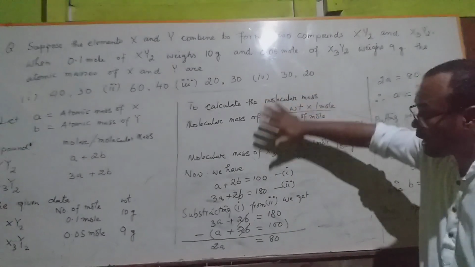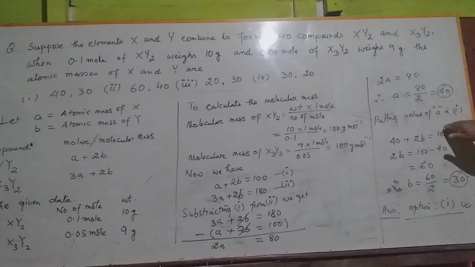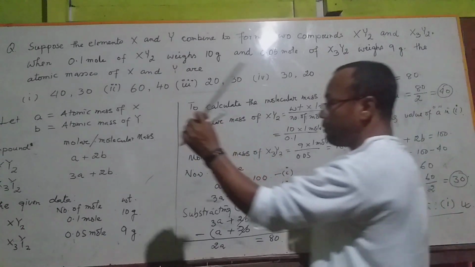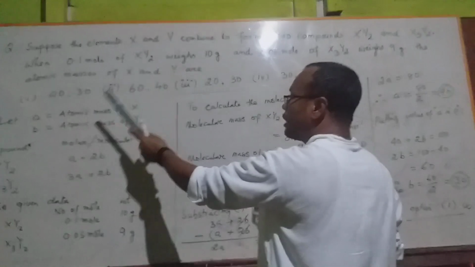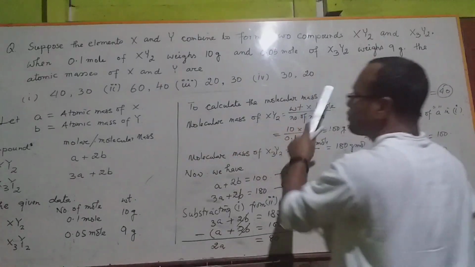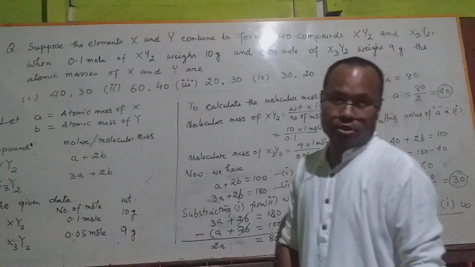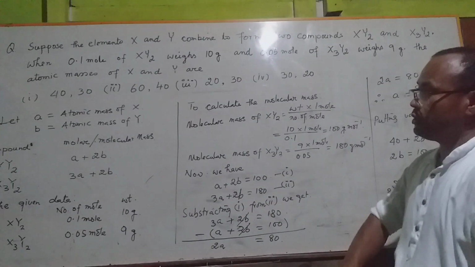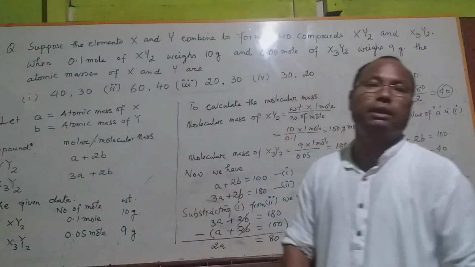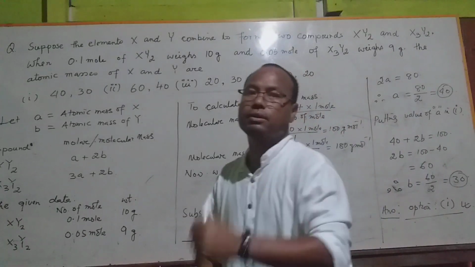See, when you do the calculation, up to the point where you find the value of A as 40, obviously the atomic mass of Y should be 30, because none of the other options has 40.